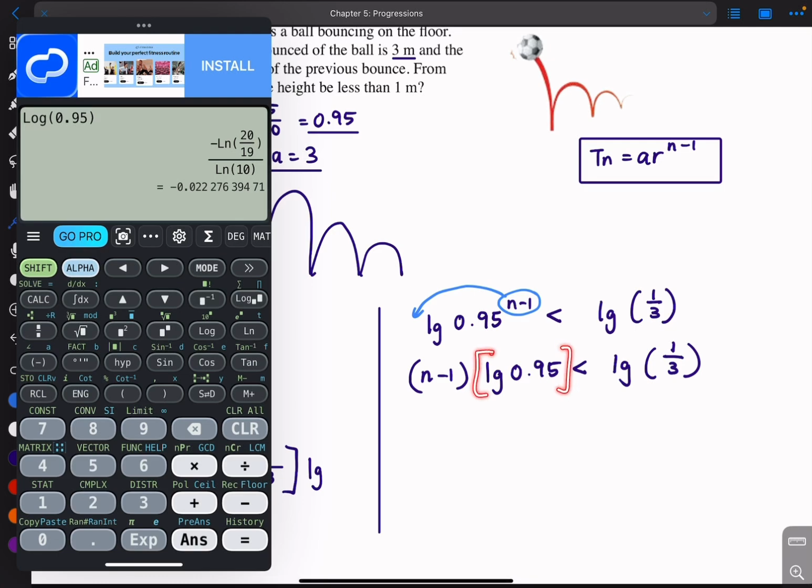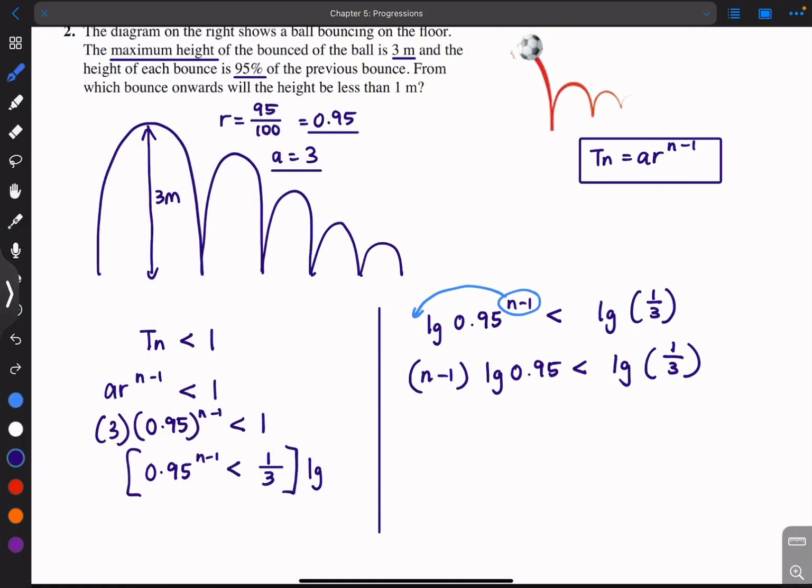Why is this important? Because when we are dividing by a negative number, the symbol must change. So we can say n minus 1 is more than log 1 over 3 over log 0.95. Here, don't forget to change the symbol when we divide by a negative value.